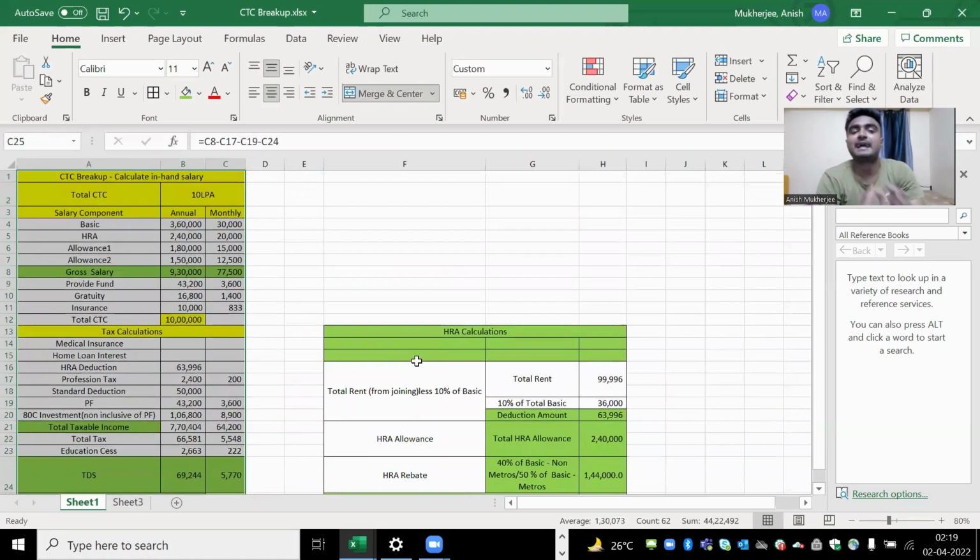Now, this is the entire calculation that I showed you, and I hope that by going through this, I am somehow able to explain how you can calculate your monthly in-hand salary. I hope that I've made it a bit easier for you to be able to calculate it on your own.